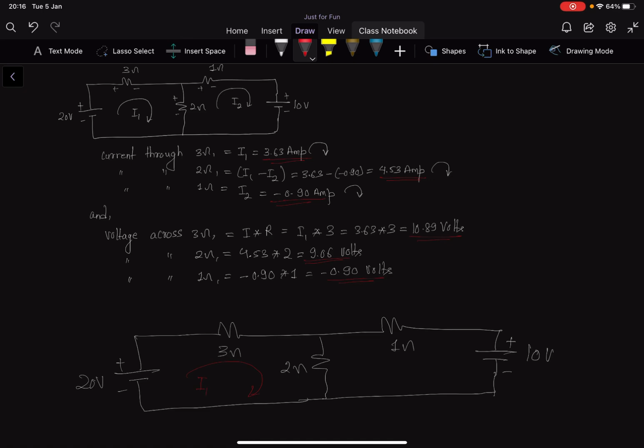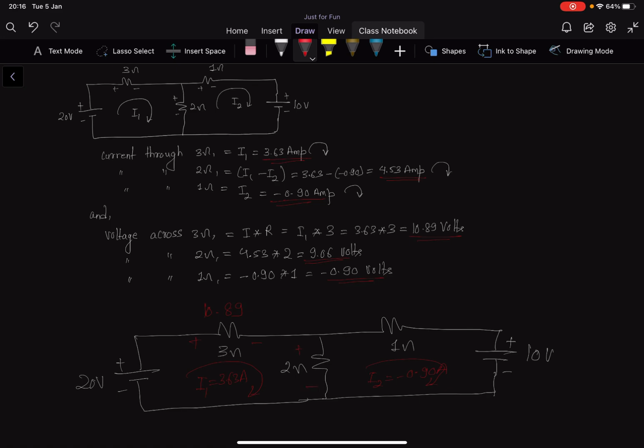So I1 is 3.63 amps, I2 is minus 0.90. Remember, if you show this direction, you need to show that it's a negative value. The voltage across the 3 ohm resistor is going to be 10.89. Remember, plus minus here, and the same thing here, plus minus.